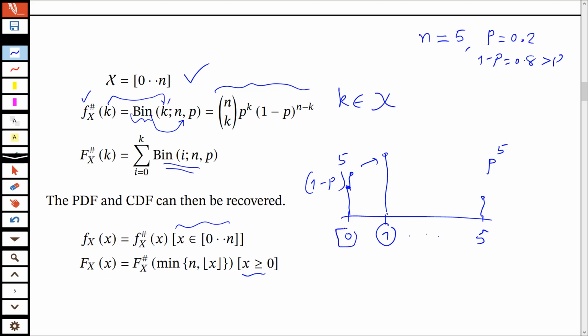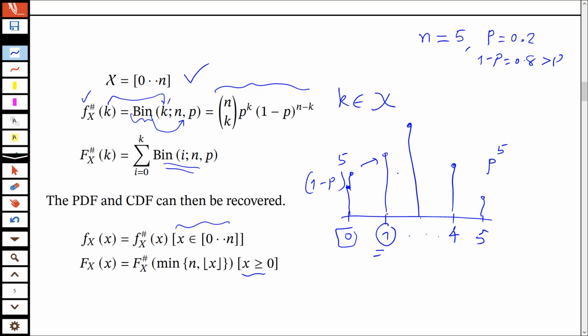There was only one way of achieving no success, and there are at least 5 ways of achieving one success. So that's why you will have to increase the probability. Similarly, there is only one way of achieving 5 successes, but there are more ways of achieving 4 successes, so this probability will be larger than that. So somewhere in the middle you will have that maximum probability.